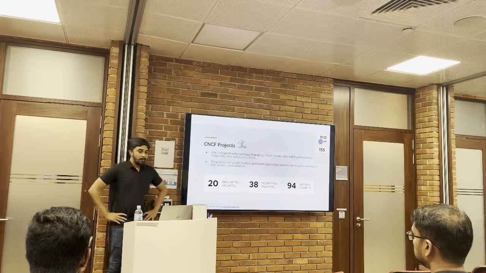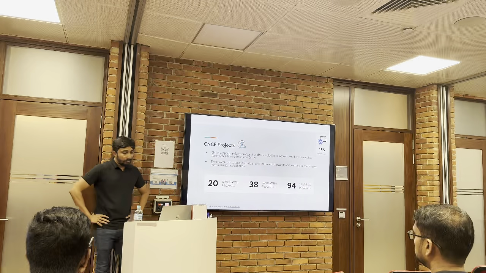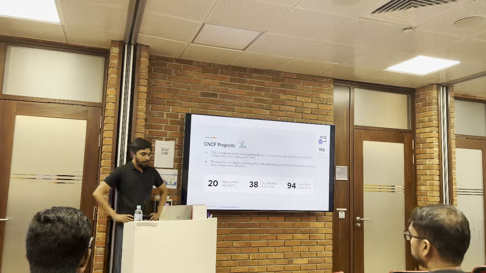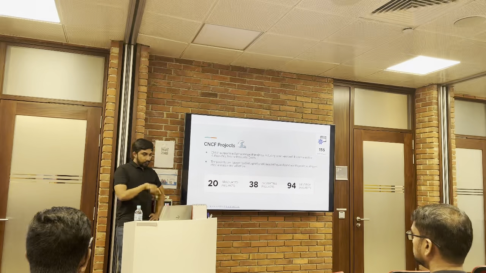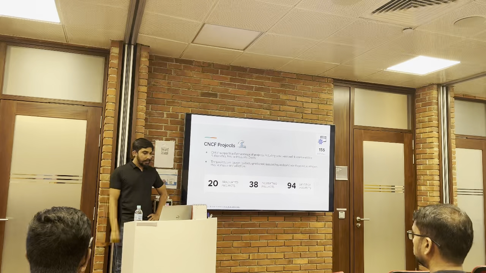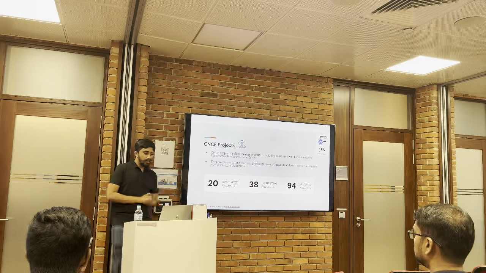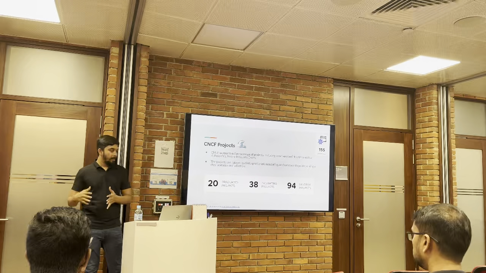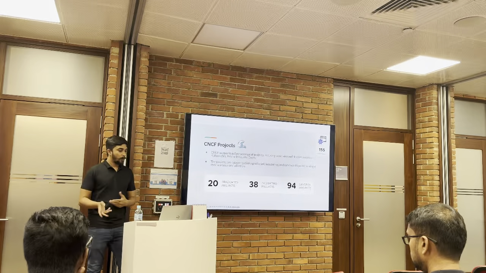The total number of projects is around 155. There is also a stage I haven't mentioned here, called archive. The categorization of these projects is based on the adoption and the maturity of the project.